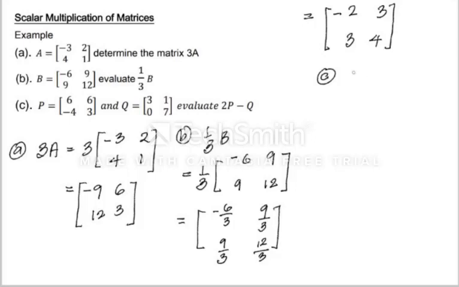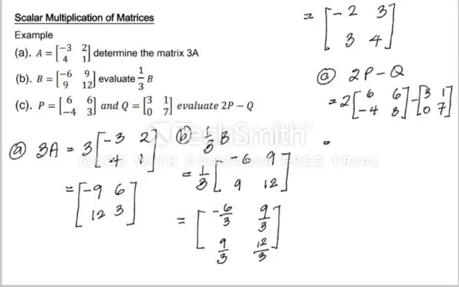Now we're asked to find 2P minus Q. So that would be 2P, which is what? 6, minus 4, 6, 3, minus Q, which is 3, 0, 1, 7.